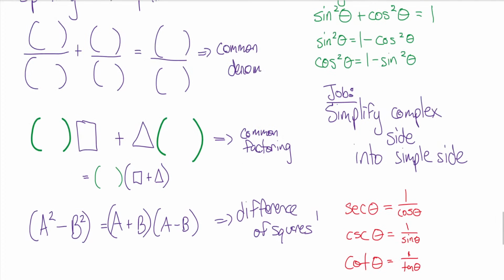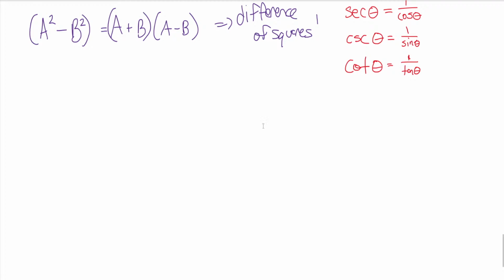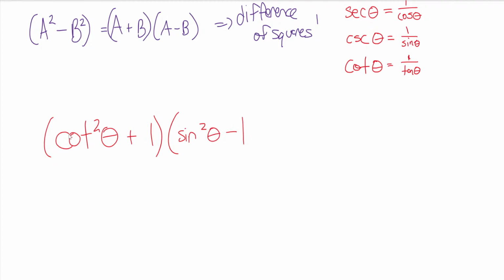Wait a second. Okay, let's try this. Cotan squared of theta plus 1 times sine squared theta minus 1 is equal to negative cotan squared.